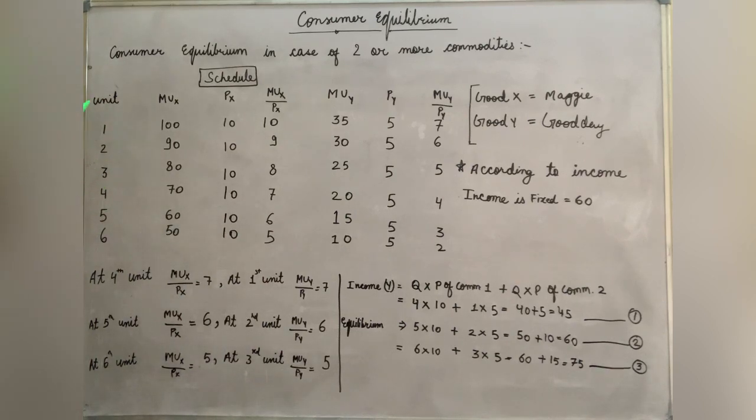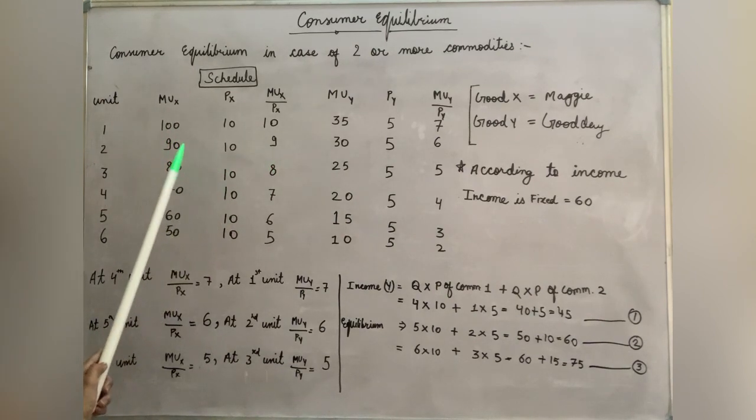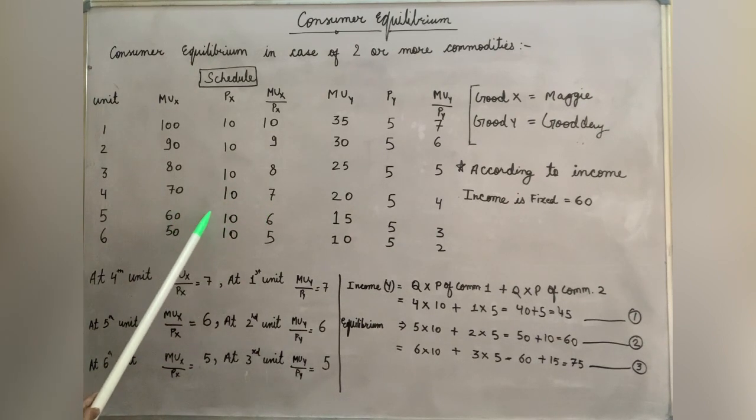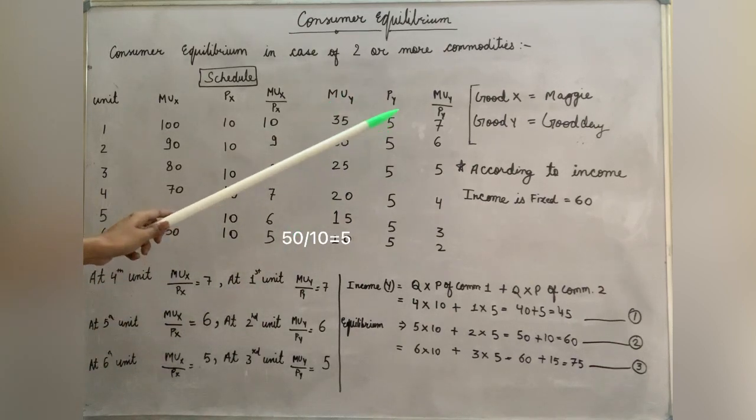So here, when we are consuming 1 unit of Maggi, we are getting 100 level of satisfaction. I have cleared MUX, and now come to MUX upon PX. MUX is 100 upon PX 10, which is equal to 10, and when we divide 90 by 10 we get 9, 80 by 10 is 8, 70 by 10 is 7, 60 by 10 is 6, 50 by 10 is 5.